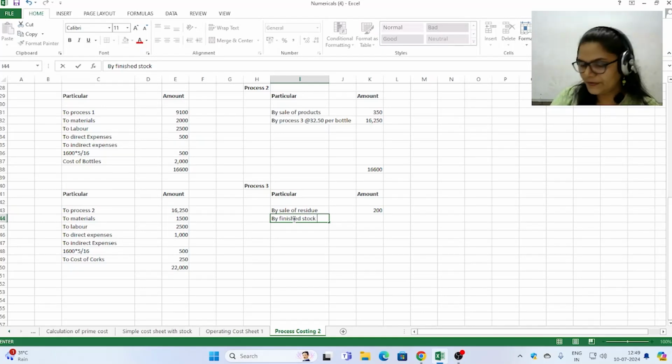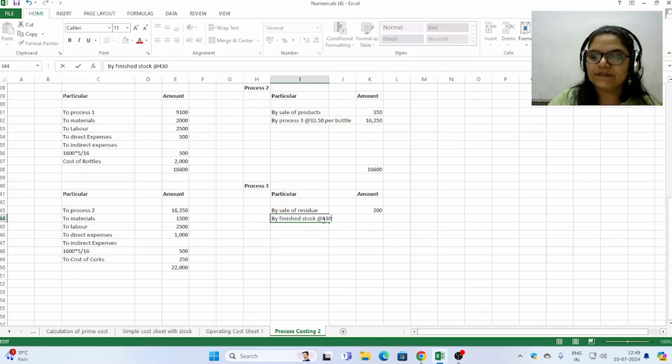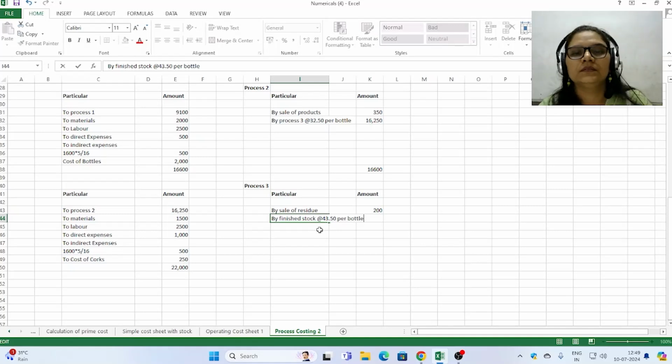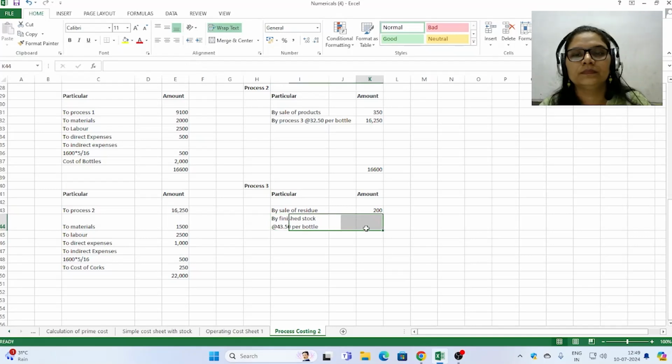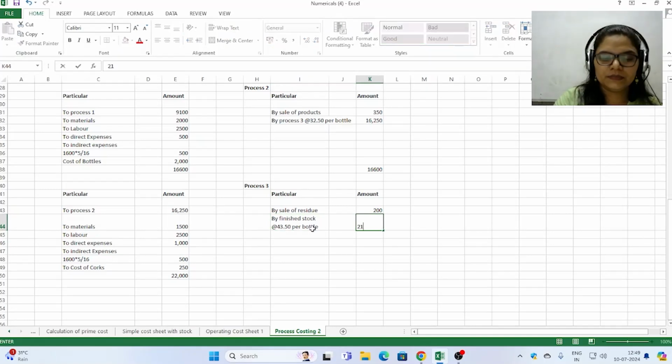So we get finished stock, that is, the product is complete and the amount is transferred to the finished stock account at the rate of rupees 43.50 per bottle. So it will be 21,750.